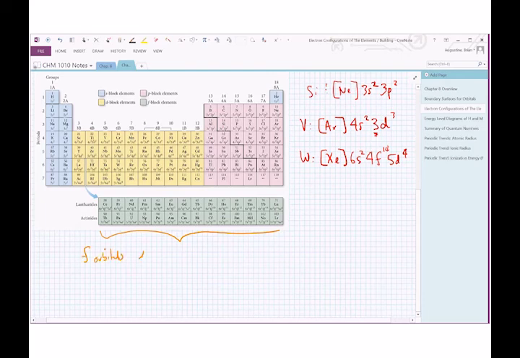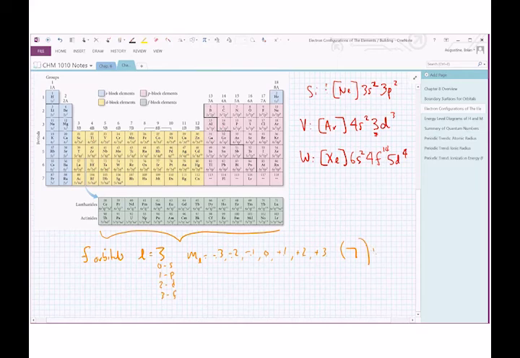For f orbitals, l equal to 0 is an s, 1 is a p, 2 is a d, 3 is an f. So l is equal to 3 for f orbitals. m sub l is equal to -3, -2, -1, 0, +1, +2, +3: 1, 2, 3, 4, 5, 6, 7 suborbitals.